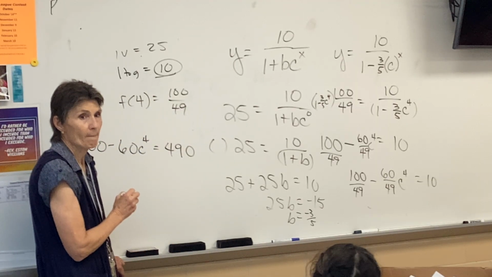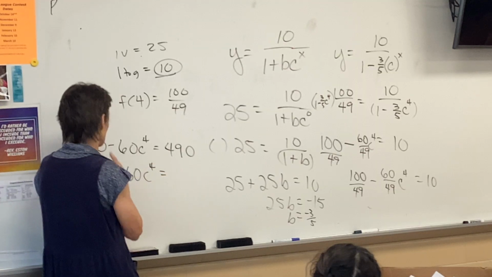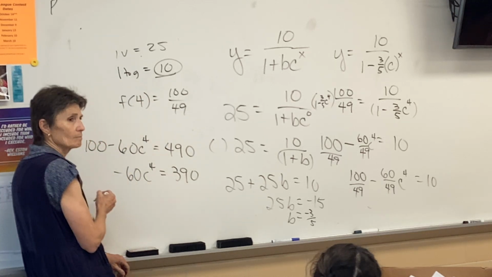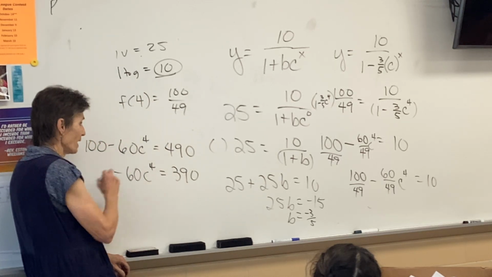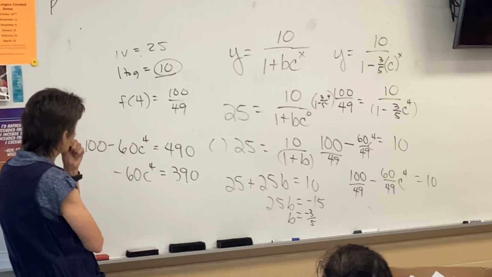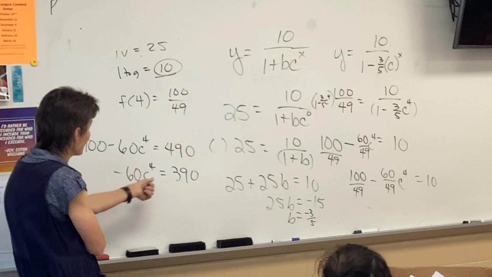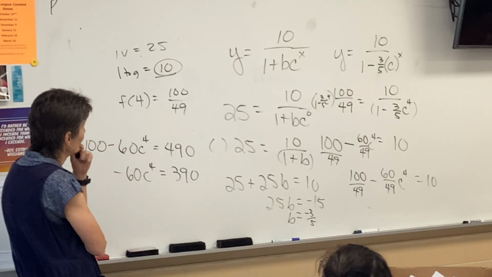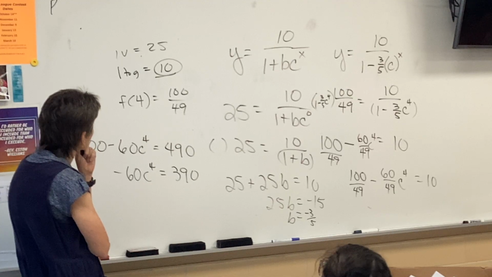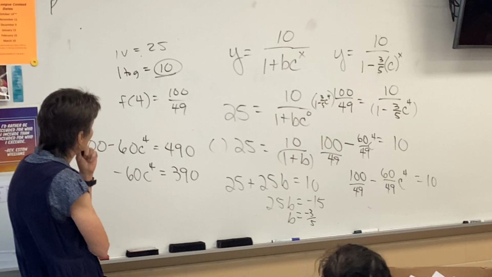You with me? So negative 60 c to the 4th equals 390. Yep, okay. Something's wrong. I'm going to get a negative number, and I can't force it to be a negative. So something went wrong. Anybody catch an arithmetic mistake as I was going through?